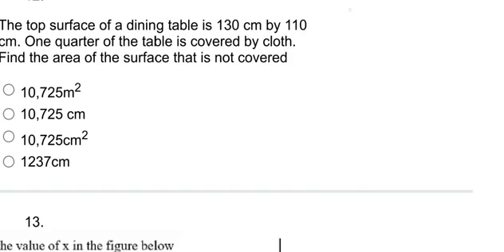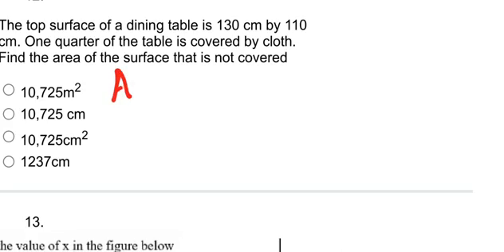All right, so we have this question here. The top surface of a dining table is 130 centimeters by 110 centimeters. One quarter of the table is covered by cloth. Find the area of the surface that is not covered. The first thing is to find the area of the dining table, which is length times breadth.